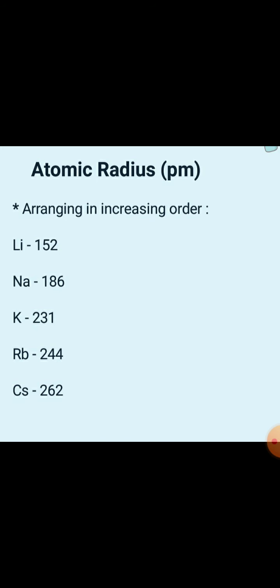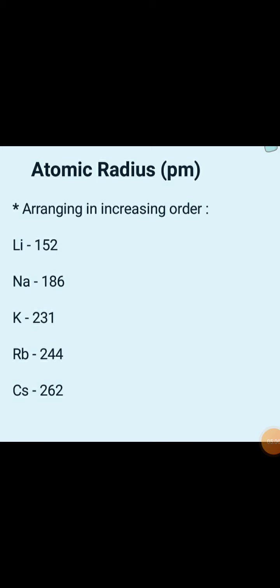The reason is, we know that in each group new shells are added, right? We have learned that they have the same valence electrons. The electrons in the outermost orbit will be the same for elements in the same group, but they do not have the same number of shells. So for each element in the group, shells are newly added.